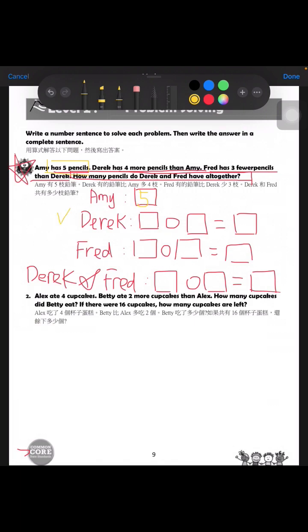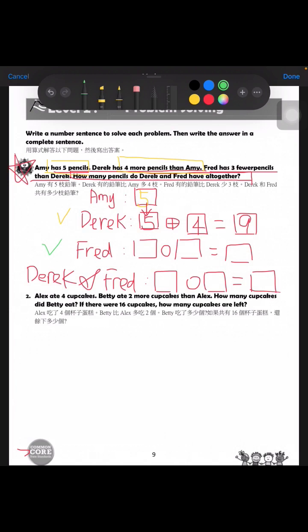So now let's see how many pencils does Derek have. Derek has 4 more pencils than Amy. So we already know Amy has 5 pencils, so we can use the number 5 and then plus 4 to know about the number of pencils that Derek has. So 5 plus 4 equals to 9. So Derek has 9 pencils. How about Fred?